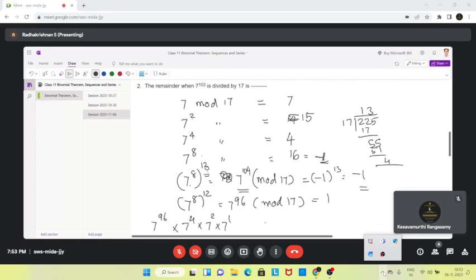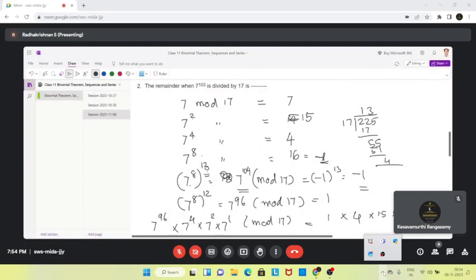So this product mod 17 will be, so 7 power 96 is 1, and 7 power 4 is 4. 7 square is 15 into 7 power 1.